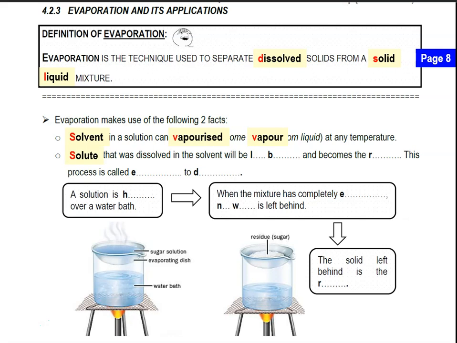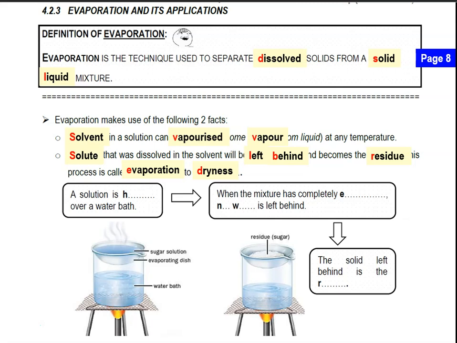If the solute that was dissolved in the solvent can be left behind, when the solid becomes left behind and remains behind, we call it the residue. Now this process is called evaporation to dryness. We saw this earlier with our sodium chloride solution and sand mixture.